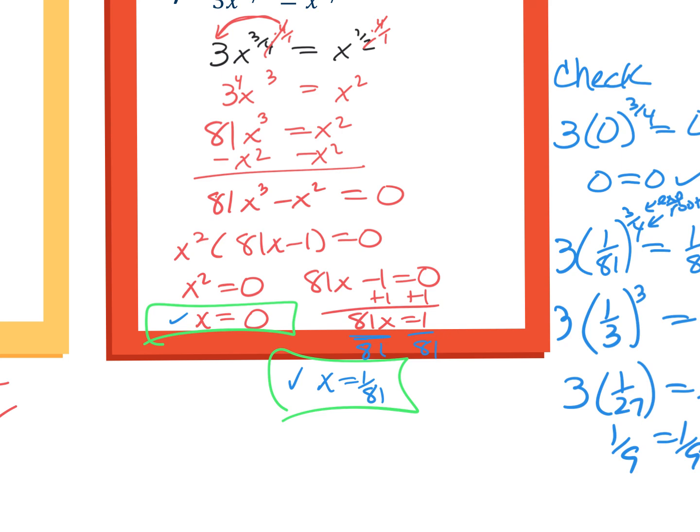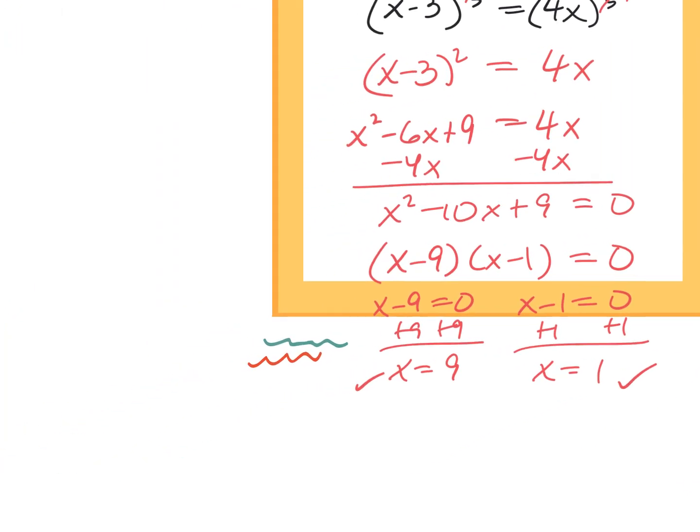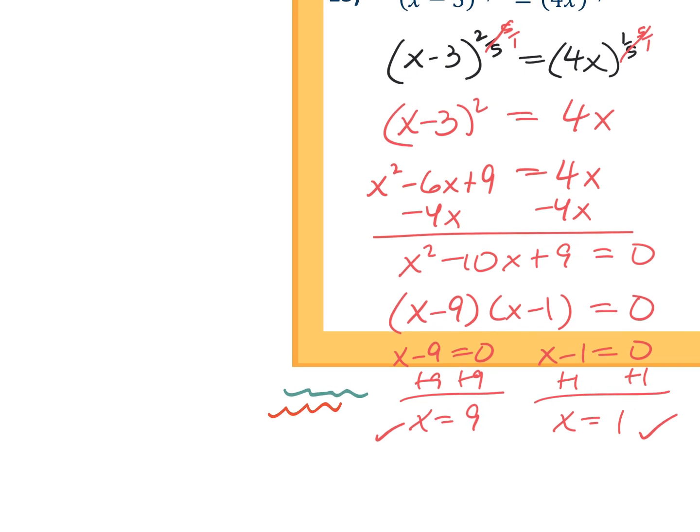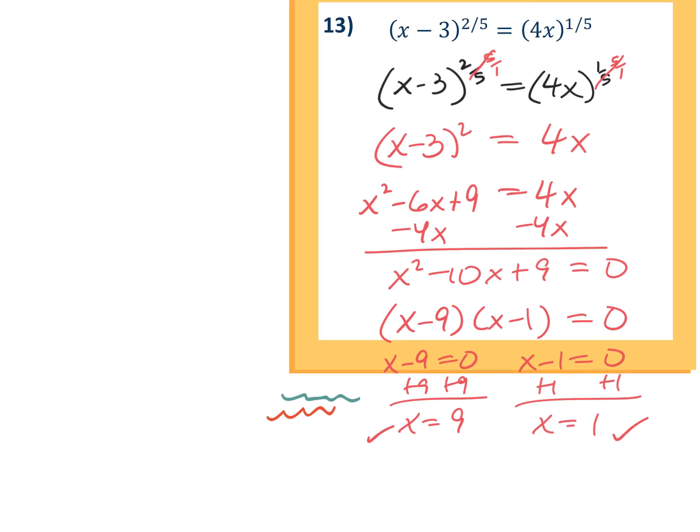Now I know I said I would go back and do the check on number 13 as well. So let me just do the check for x equals 9 and x equals 1. So I'll go ahead and plug them in. So 9 minus 3 raised to the 2/5 is equal to 4 times 9 raised to the 1/5.